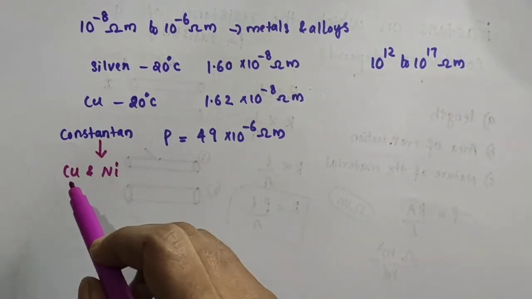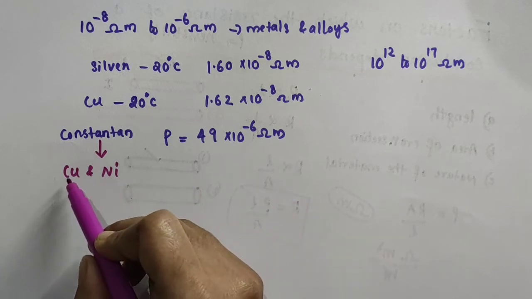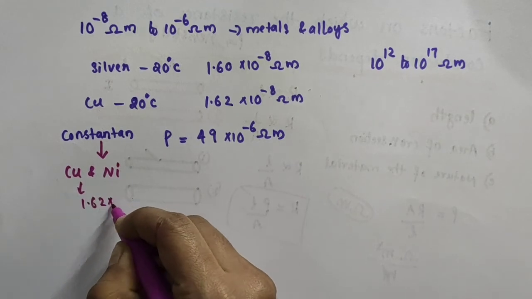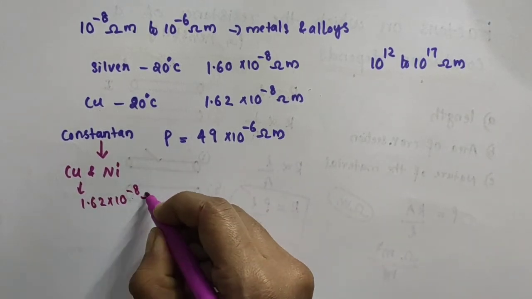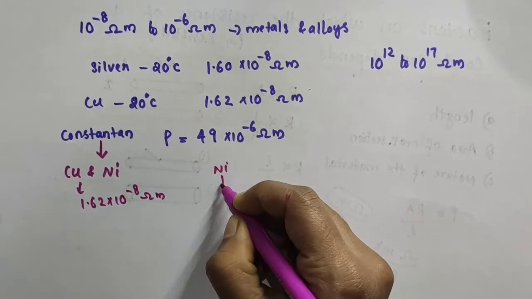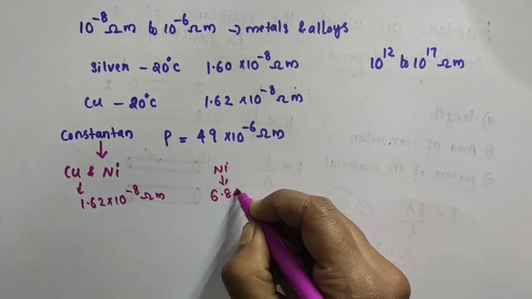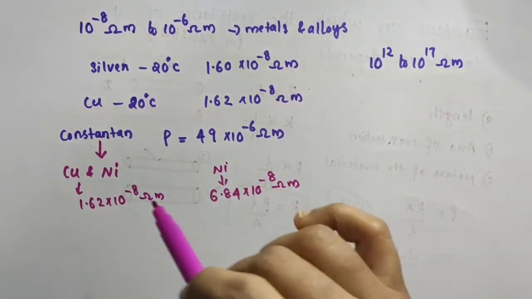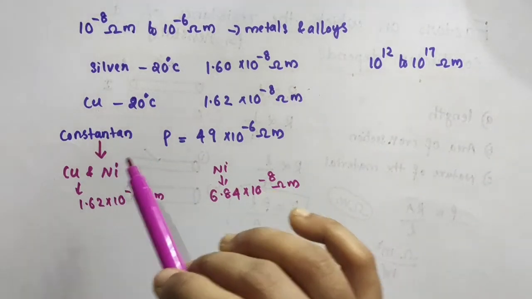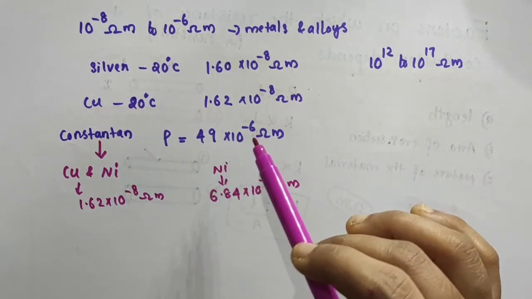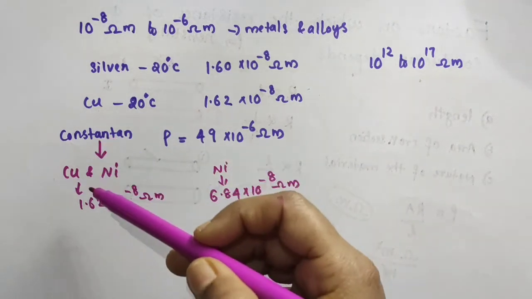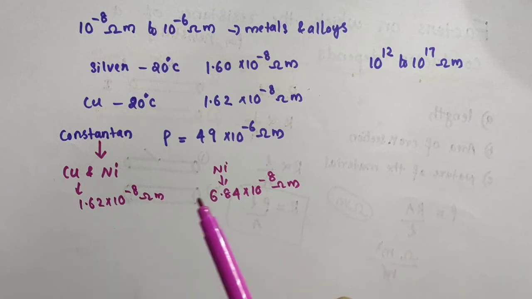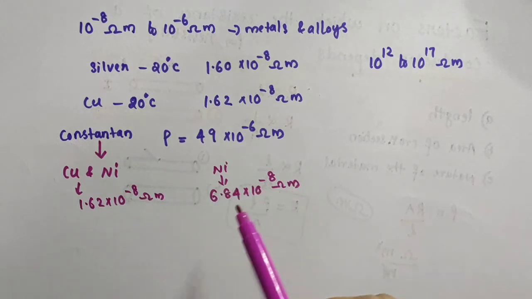Now the resistivity of its constituent metals: for copper it is 1.62 into 10 raised to minus 8 ohm meter, and for nickel its resistivity value is about 6.84 into 10 raised to minus 8 ohm meter.